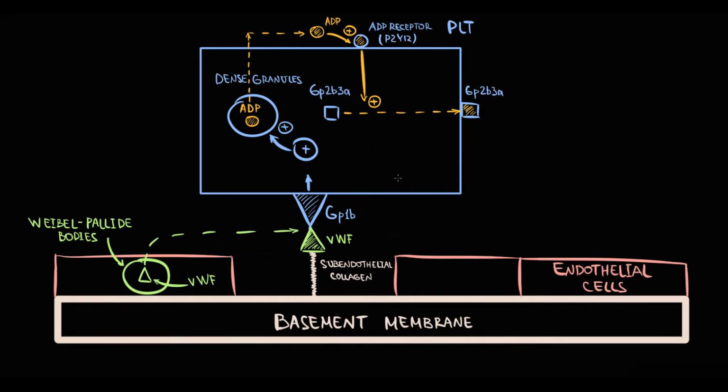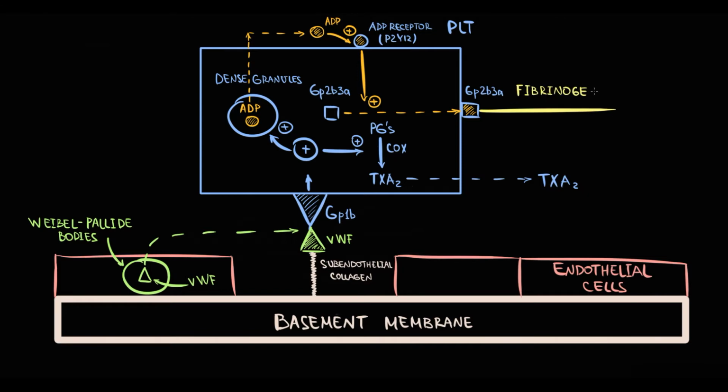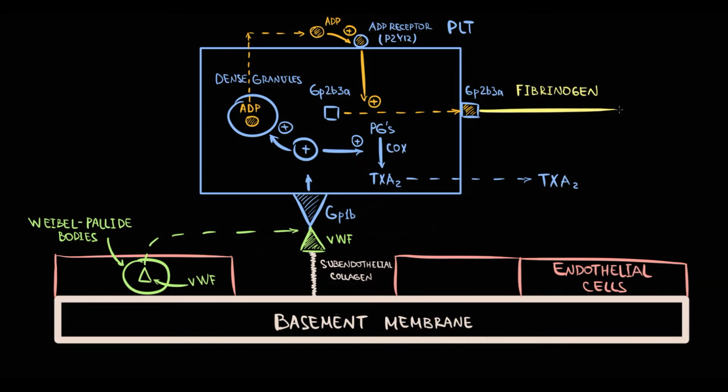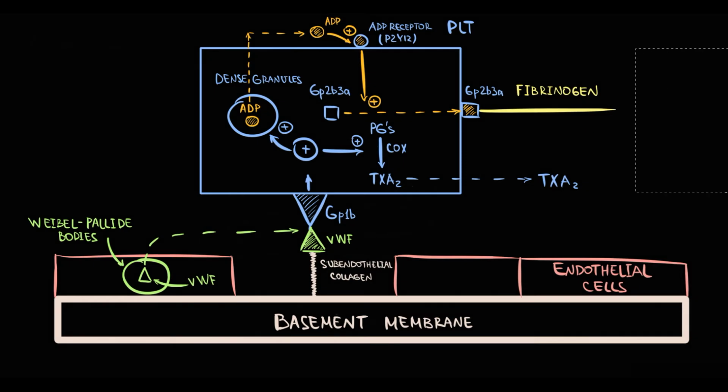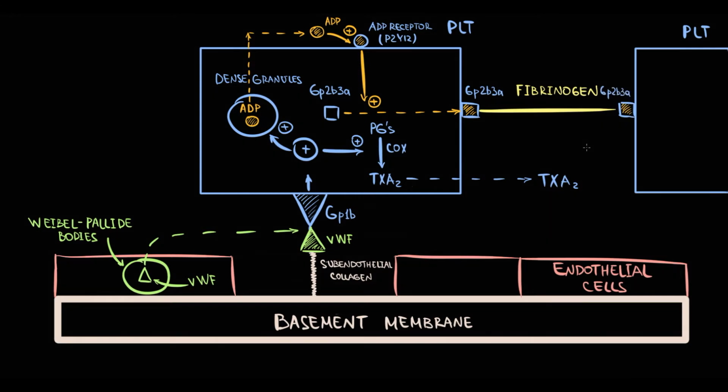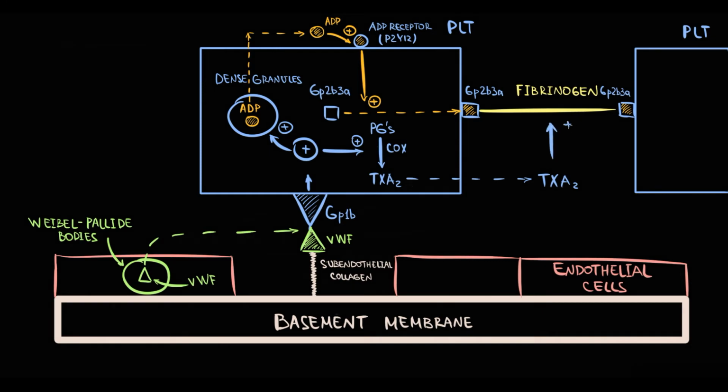fibrinogen. In addition to this, platelets from prostaglandins by the COX enzyme begin to produce thromboxane A2, and the function of thromboxane A2 is to promote aggregation. When fibrinogen notices a GP2B3A receptor on the platelet surface, fibrinogen immediately binds to GP2B3A, and when another platelet comes to the site of injury, the platelet immediately binds by GP2B3A to fibrinogen, and this process is significantly accelerated by thromboxane A2.